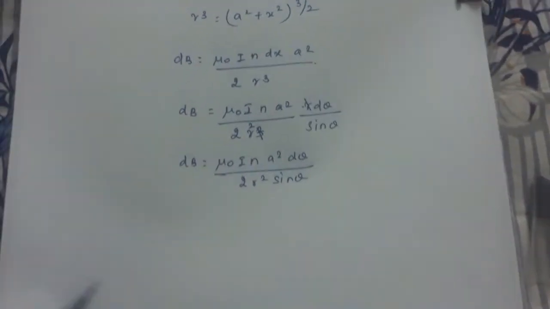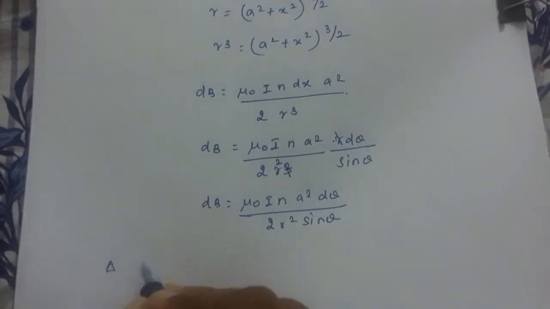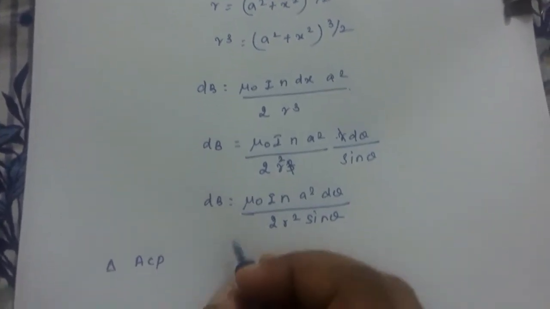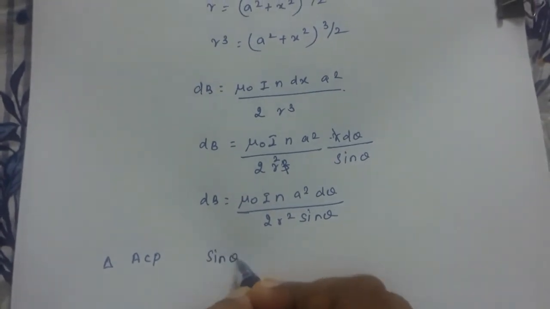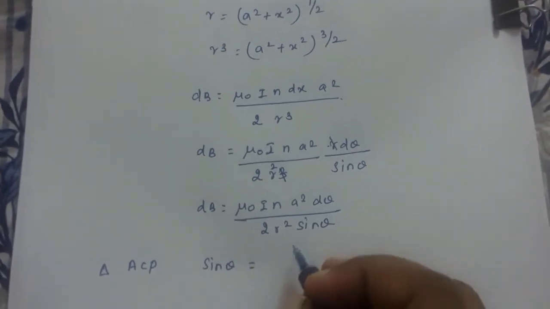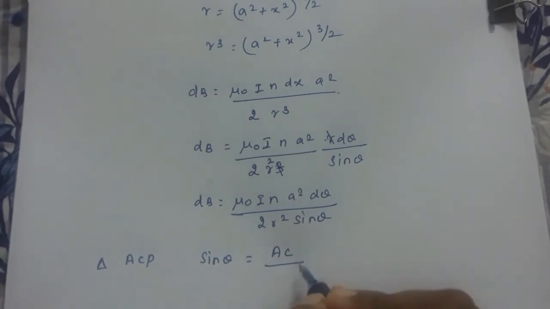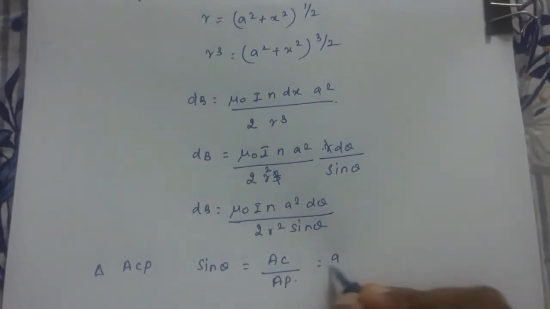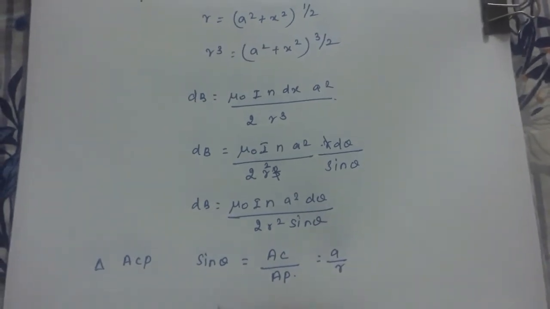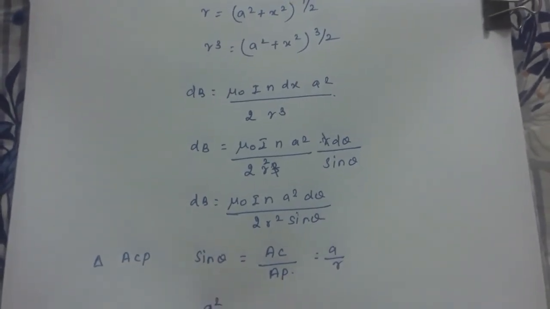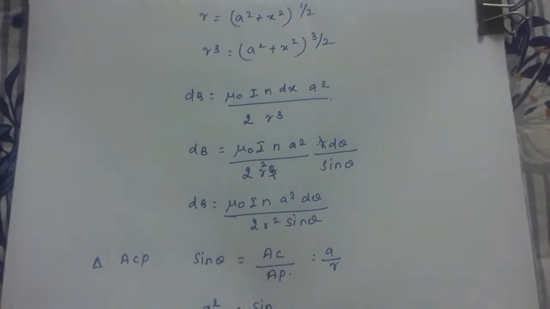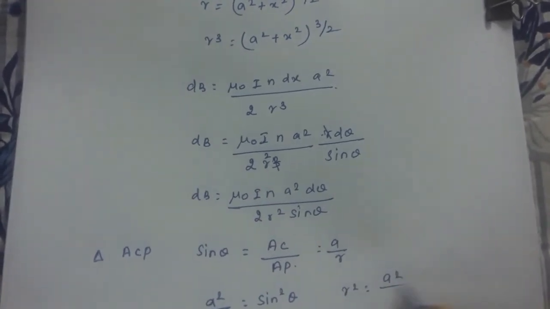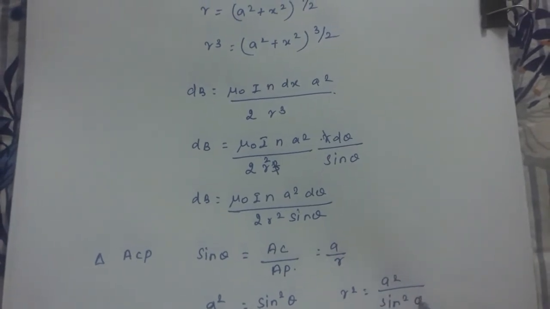Okay. Now again I am going to take the triangle ACP. In triangle ACP, sin theta is equal to opposite side by hypotenuse, that is AC by AP, which is nothing but a by R. So a square by R square is equal to sin square theta. So R square is equal to a square by sin square theta.